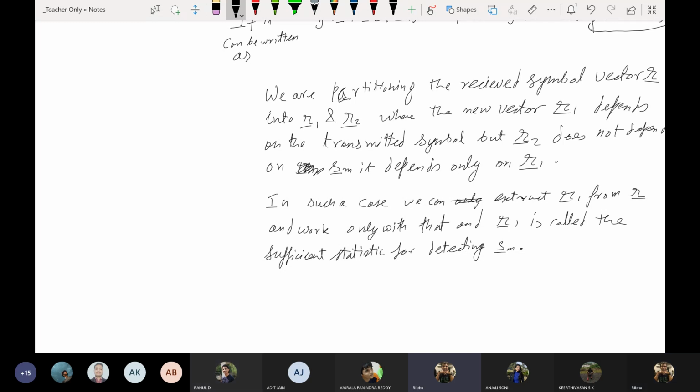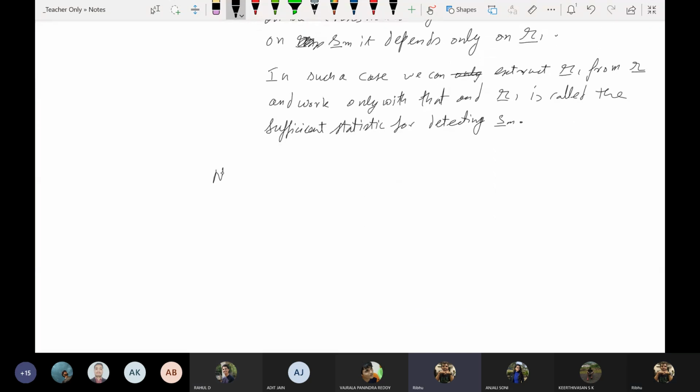Yes, sir. Sufficient statistics, detection and estimation, this is close to what you have done there. Sir, but when we were transmitting SM, and then some noise got added, and what we received was R, shouldn't the entire R be dependent on SM?